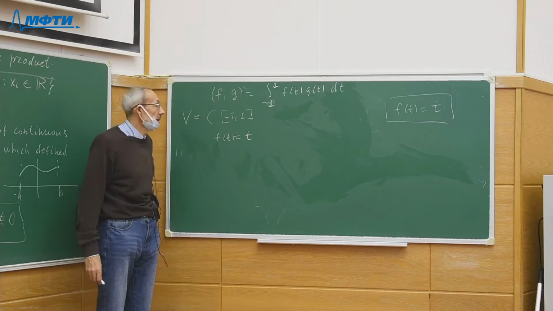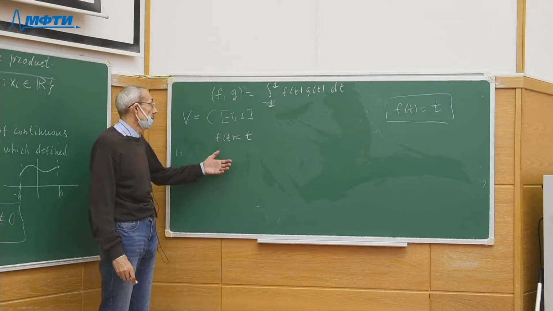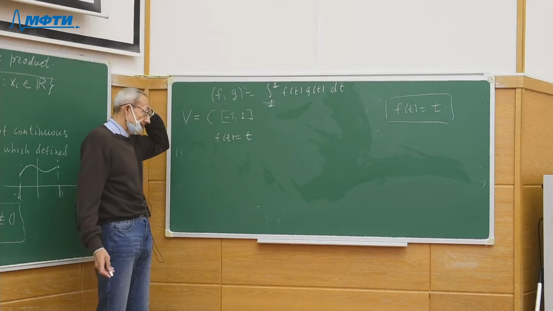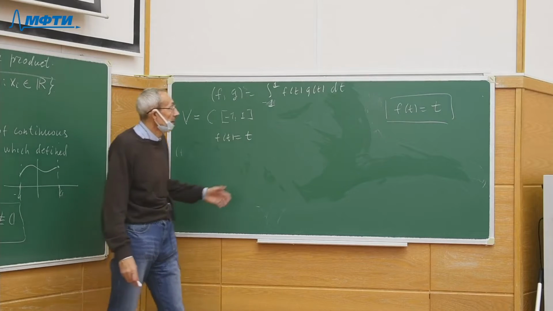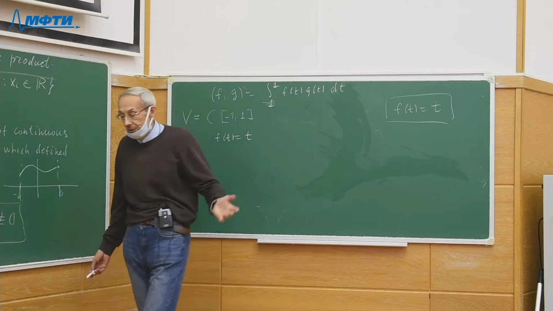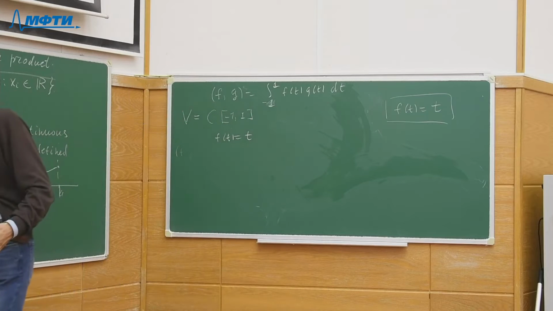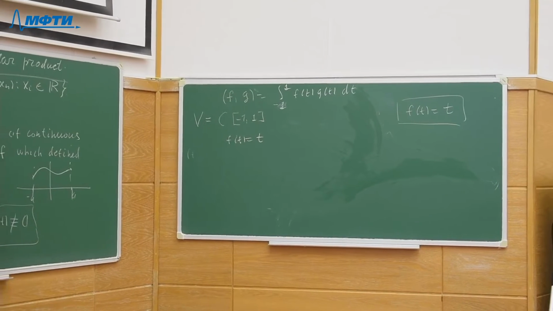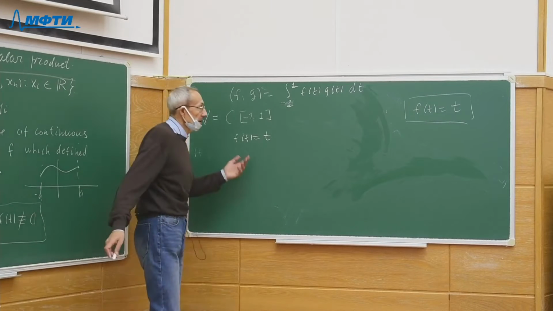Norm is an analog of length, and the length of a function is not a defined notion, but the norm can be defined by the previous formula.